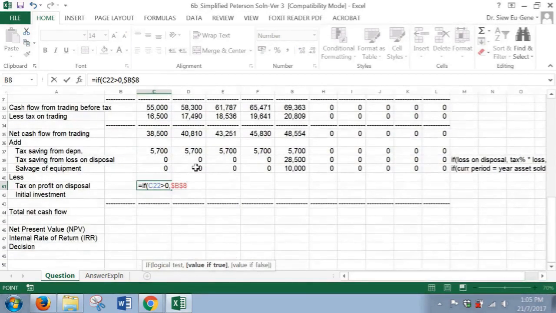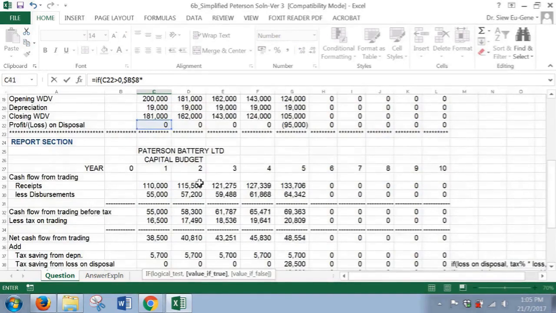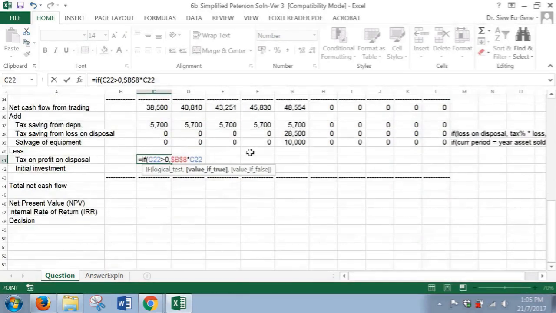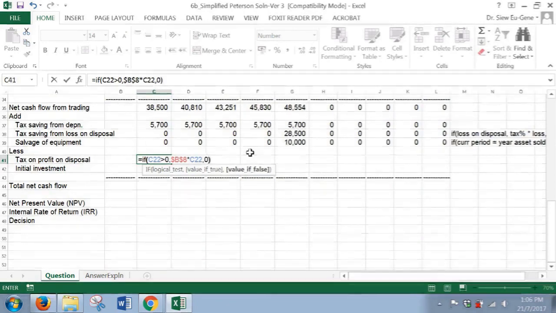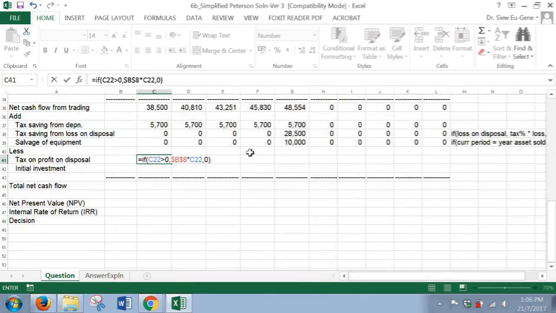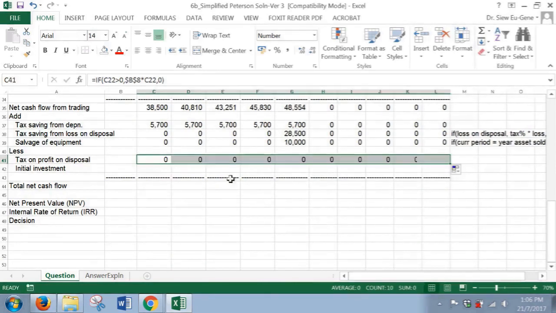Paying taxes, B8 30% times the amount of profit we make. If we don't make a profit, we don't pay any more in taxes. So 0. And we drag across.